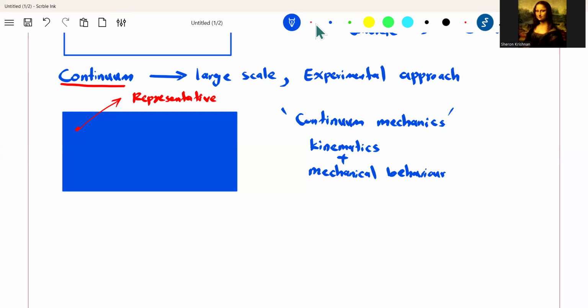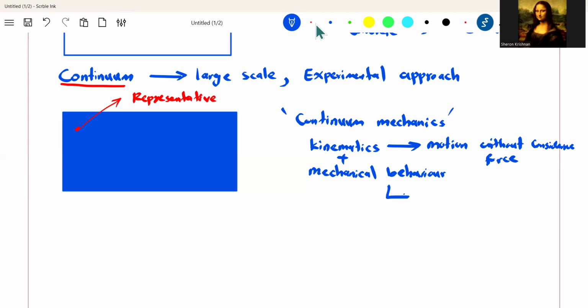What is the meaning of kinematics? In kinematics we consider the motion of the object without considering the forces. That is called kinematics.